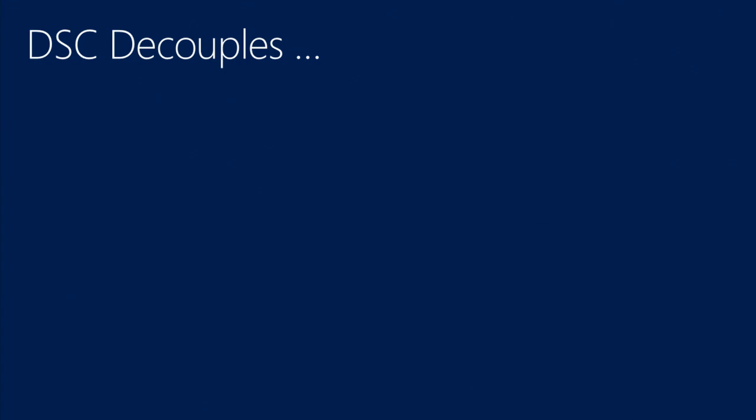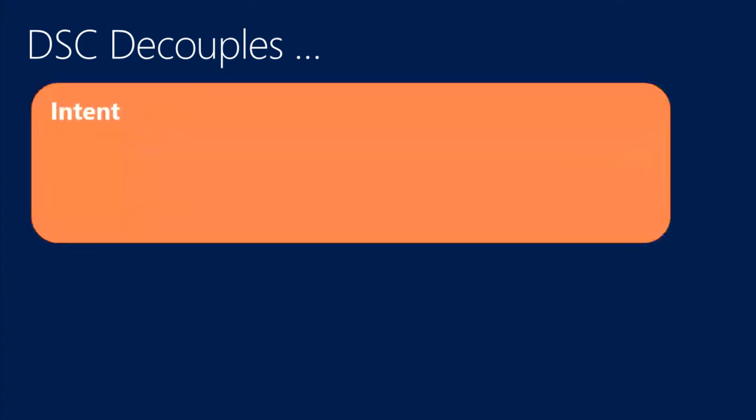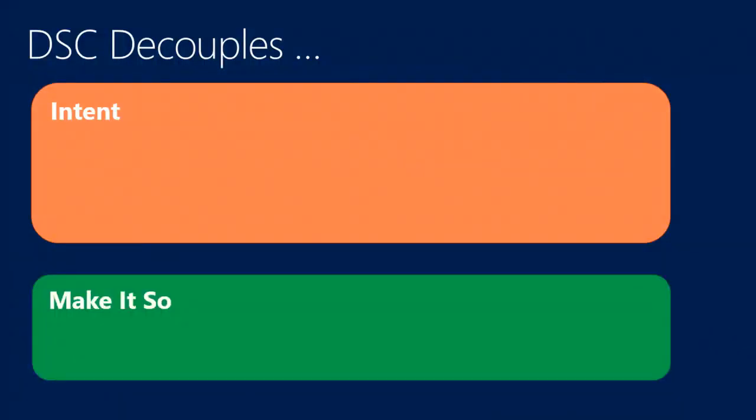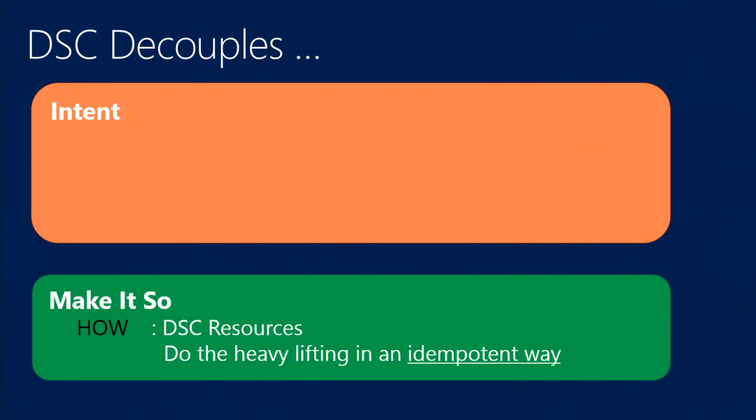So DSC decouples the intent from the make it so. Make it so is the how part. These are the pluggable DSC resources that do the heavy lifting for a particular technology specific component in an idempotent way.